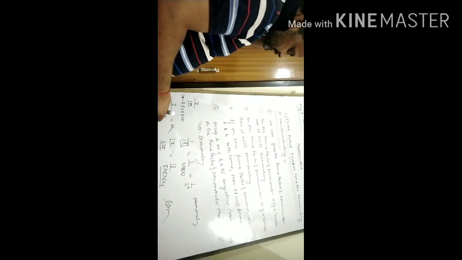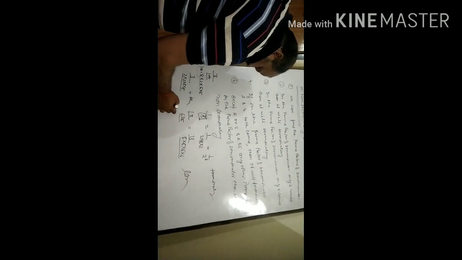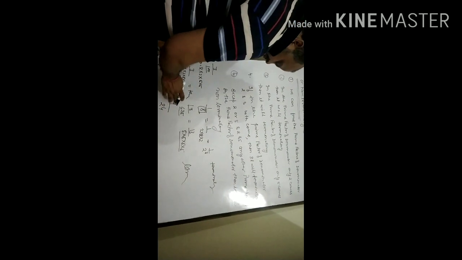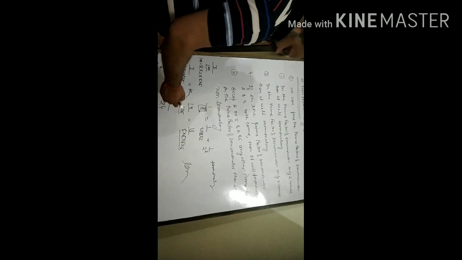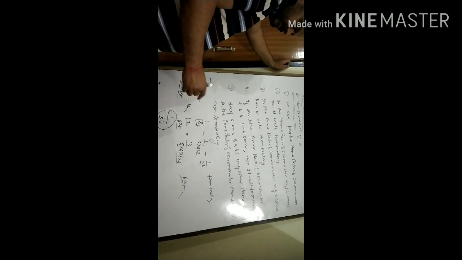Except this, suppose in the denominator it is 4 upon 24, or it is 1 upon 24, and you want to check whether it is terminating or non-terminating, then what can you do?